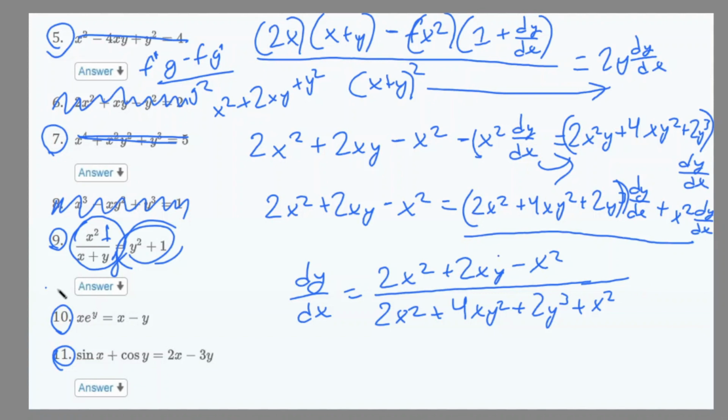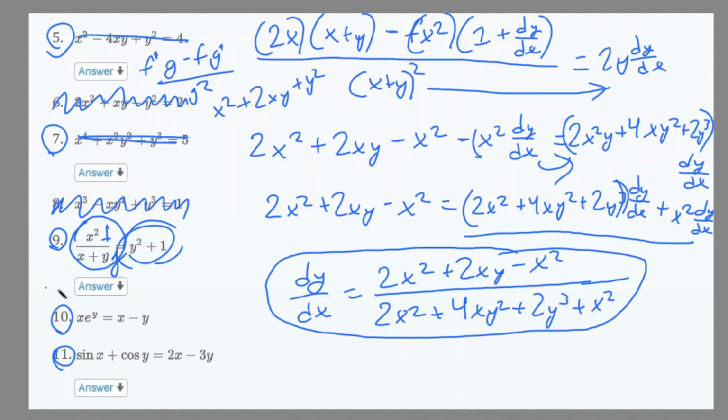And even though it's very long, that's going to be our final answer for the derivative using implicit differentiation of number 9. Number 9 is a good example of how the problem can get very long, but organization is key, so you know what goes where, and sorting both the left and right side of dy/dx is very important.